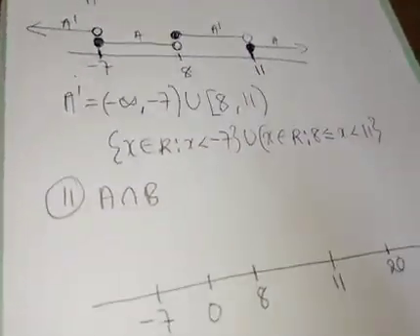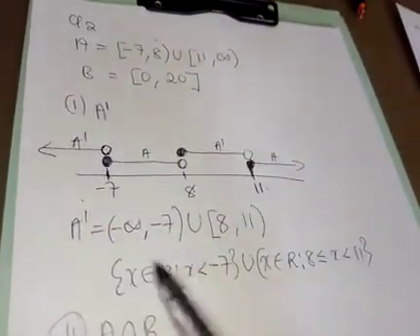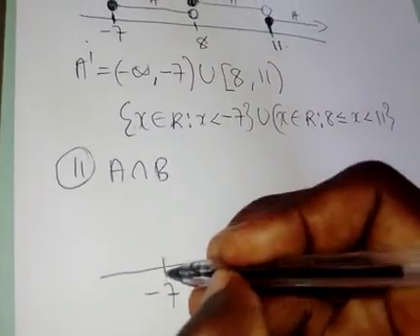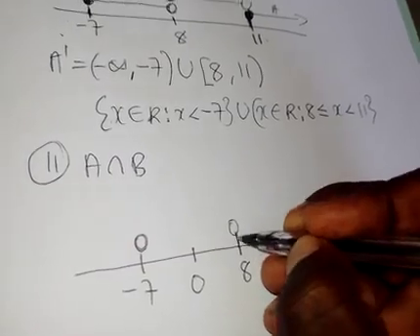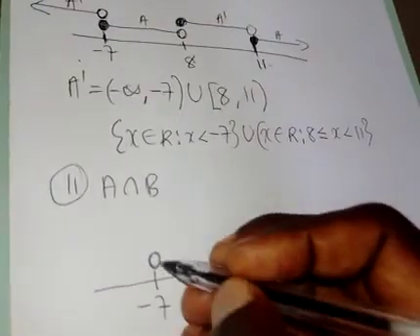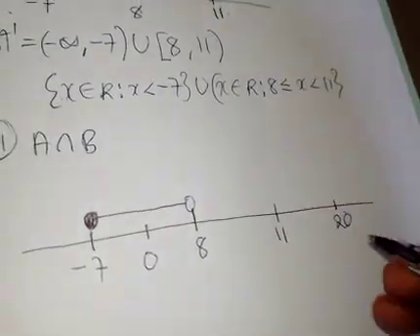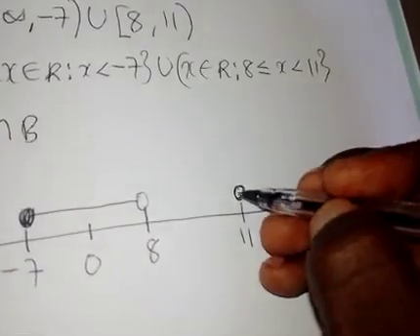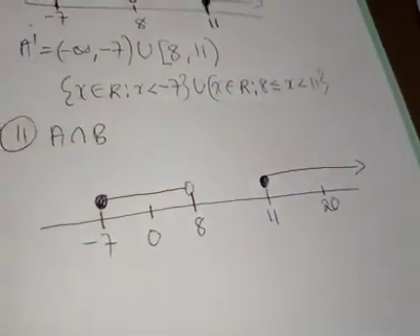Okay. So let's start with set A. We show it the same way we did there. Set A only. So for set A, on top there, we draw circles. Then before -7 a square bracket, meaning we shade. Then you simply join the two. Then on top of 11, it is part of the set, you shade. Then you go this side like that to infinity.